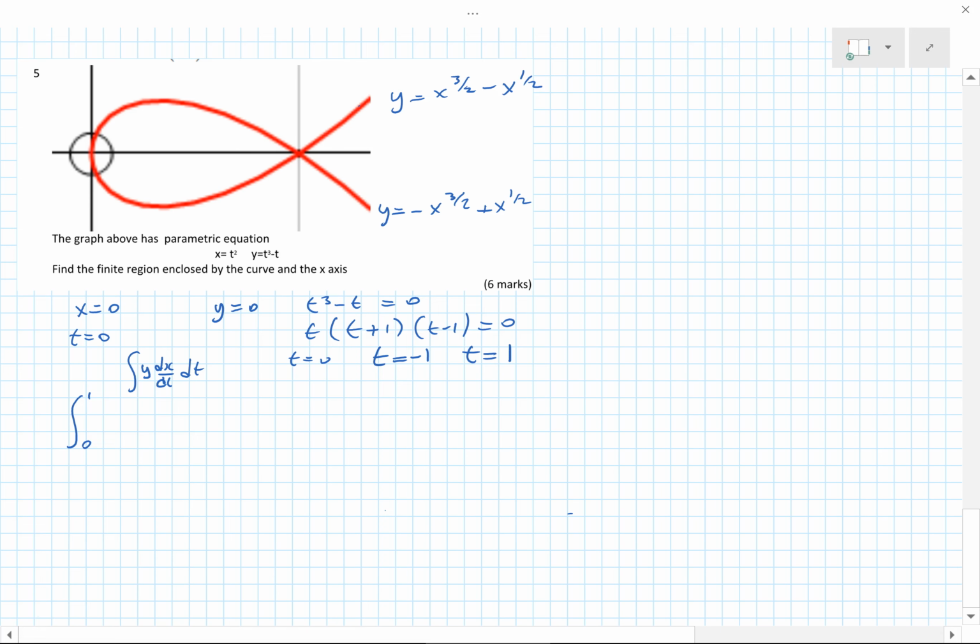Okay, so we've got y, which is t cubed minus t, times dx by dt, which is 2t, dt. Let's multiply that out. 1 to 0, that's 2t to the 4 minus 2t squared dt.